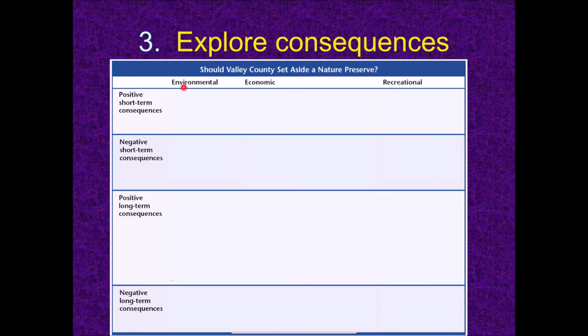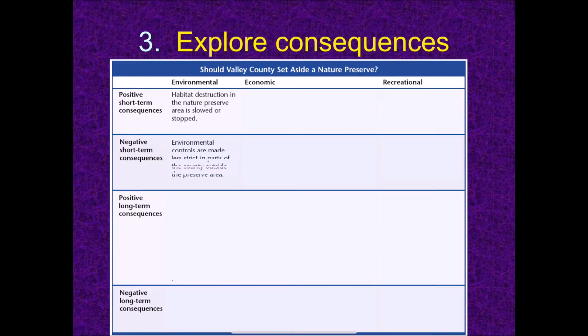You can have economic values and environmental values and recreation values, and also you want to look at both the short-term consequences and the long-term consequences as well. So I'm not going to go through this whole thing, but as this person is looking into it, after gathering all the information and considering the values, these are some of the consequences that he thinks are going to apply to this situation.